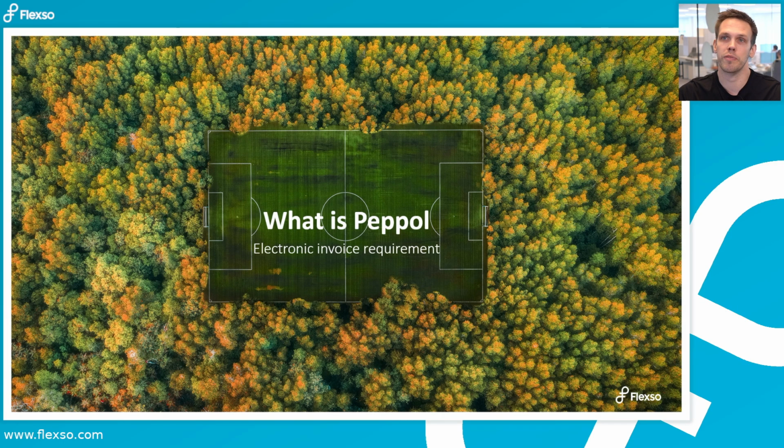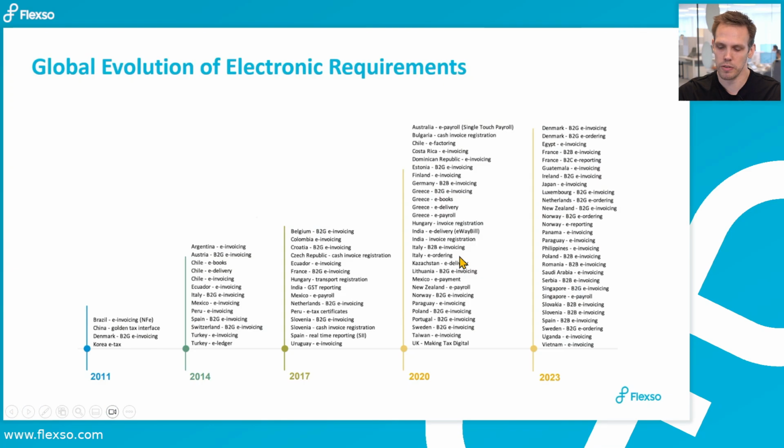So first of all, what is Peppol? Peppol is an electronic invoice requirement. There was a global evolution of these electronic requirements. As you can see here, invoicing has been around much longer than today. It started even way before 2011 in Mexico.